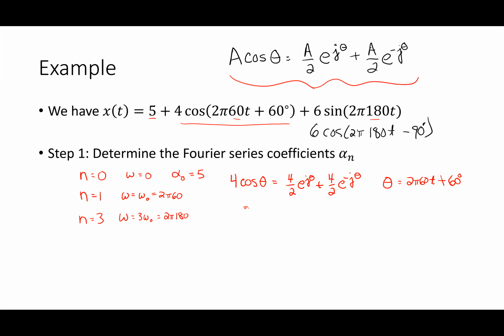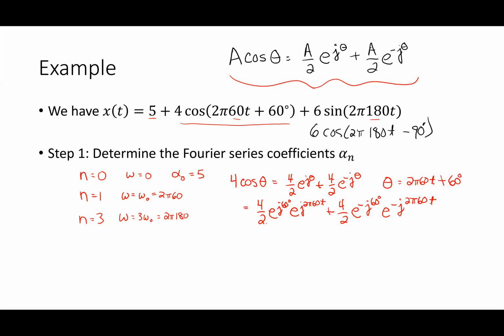So that turns this into 4 over 2 e to the j 60 times e to the j 2 pi 60 t plus 4 over 2 e to the minus j 60 degrees times e to the negative j 2 pi 60 t. Okay, so I expanded out the fundamental or first harmonic term.